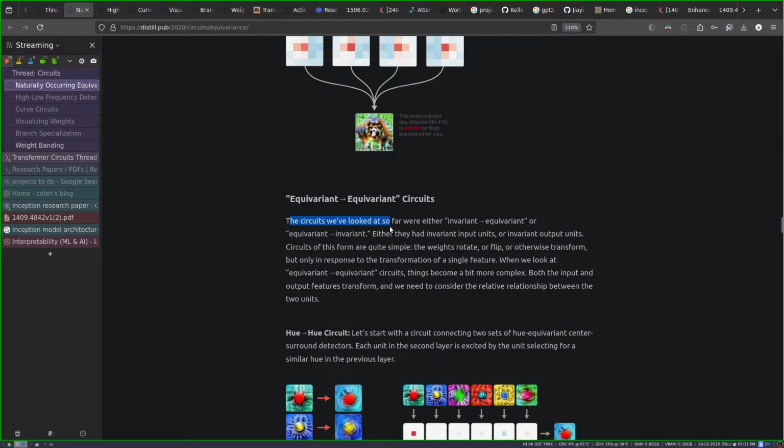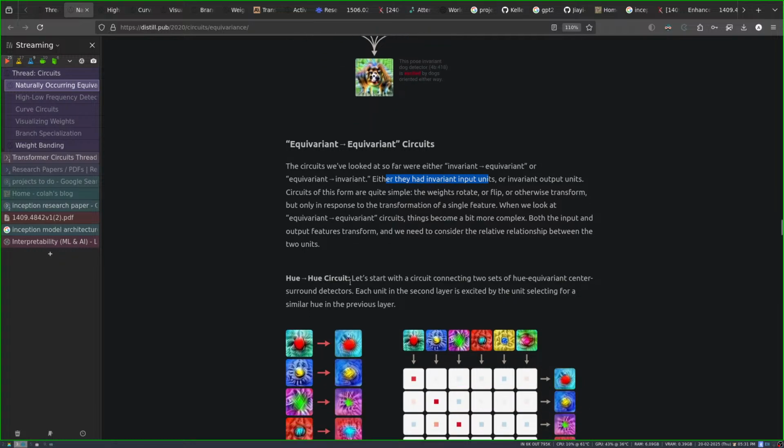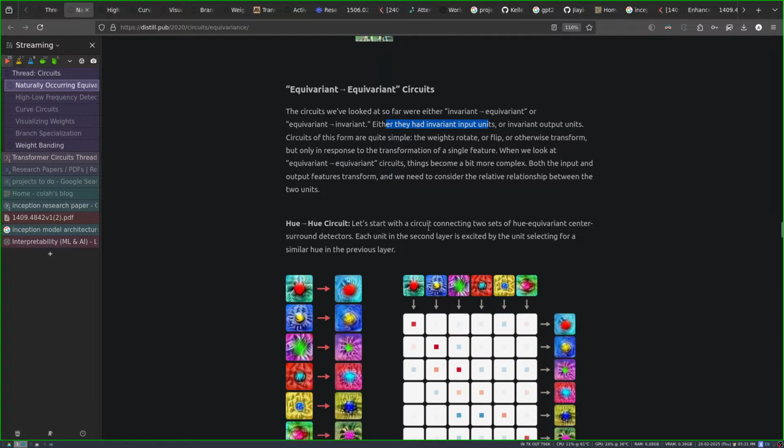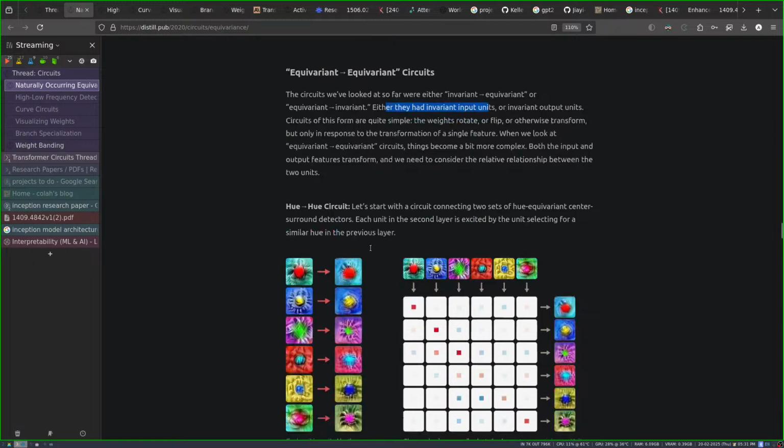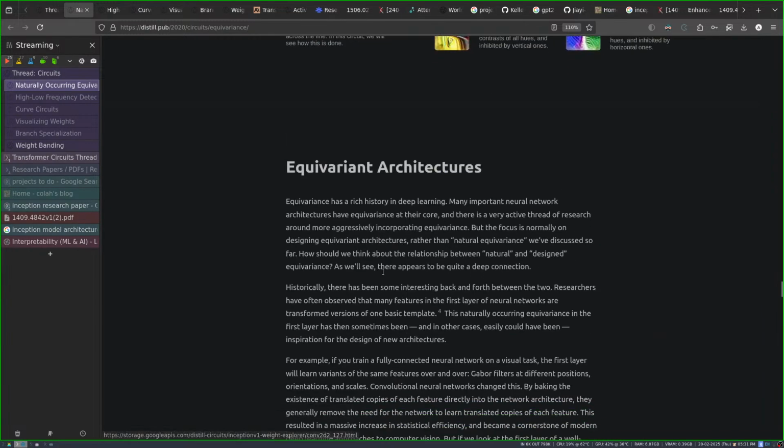The circuits we've looked at so far were invariant to equivariant, where either they had invariant input units or invariant output units. Here, a circuit connecting two sets of equivariant features. Okay. I mean, sure, I get it.